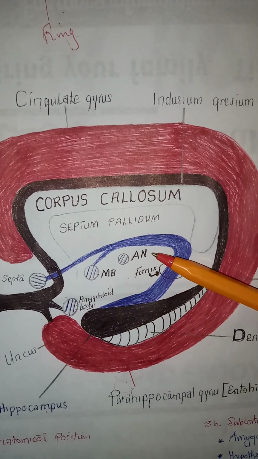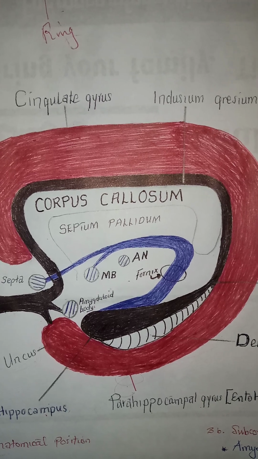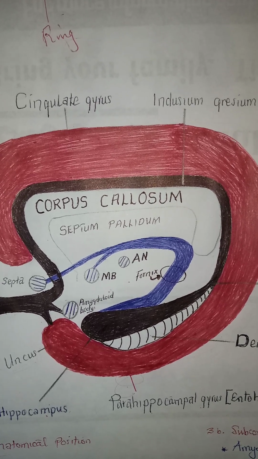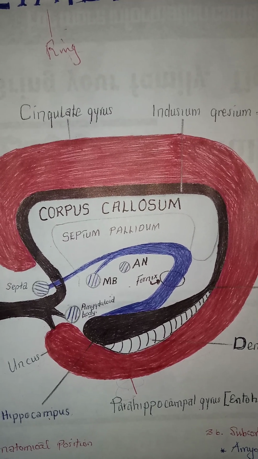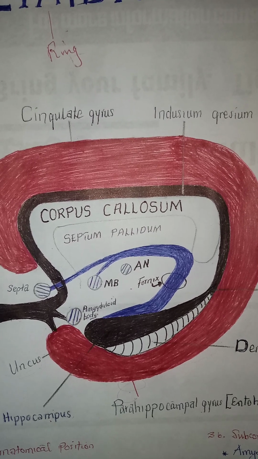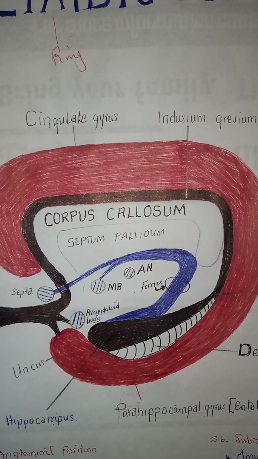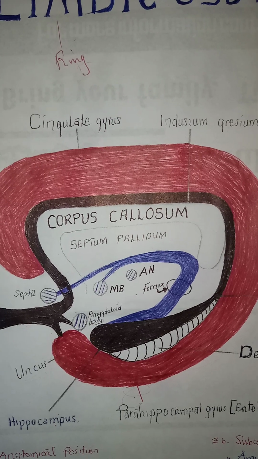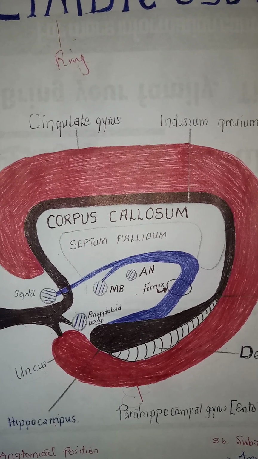We know that the diencephalon is made of four components: the thalamus, the hypothalamus, the subthalamus, and the epithalamus. The epithalamus is also divided into three parts: the pineal gland, the posterior commissure, as well as the habenula.